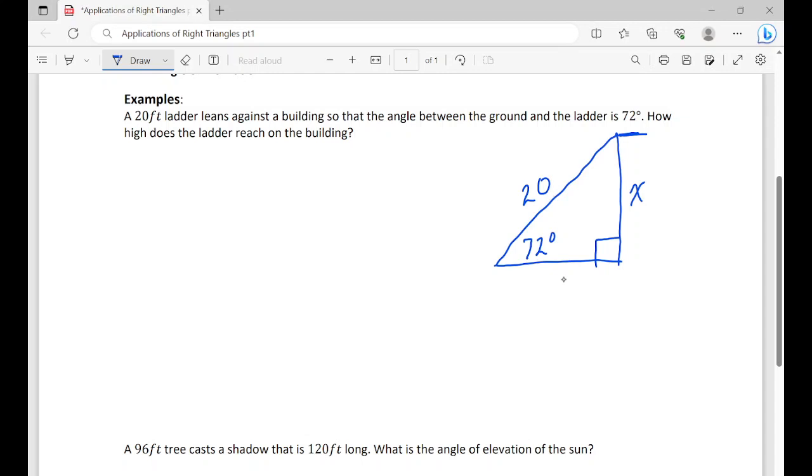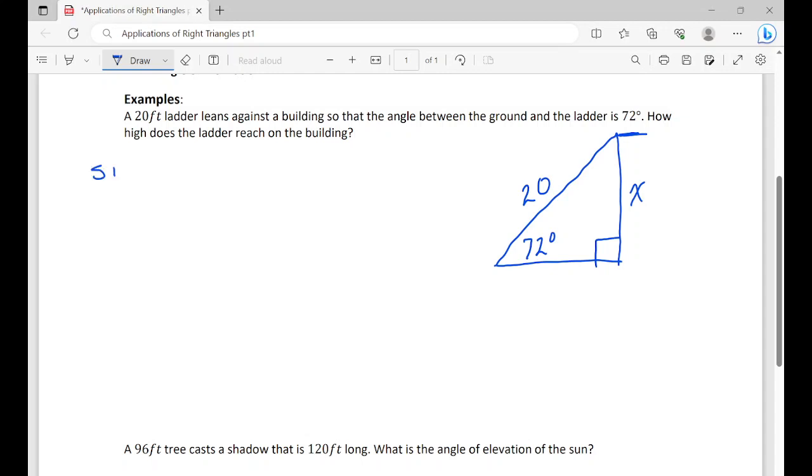Now when working with these right triangles, if it's possible, stick with sine, cosine, or tangent. Make your life a little bit easier. From here I see this angle, 72 degrees, and this unknown side x, which is on the opposite side, and I have a hypotenuse of 20. Opposite and hypotenuse, my mind immediately goes to sine.